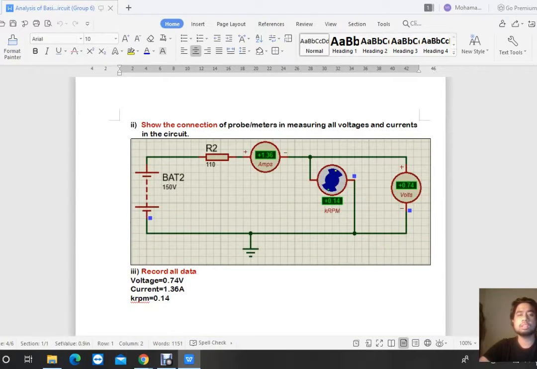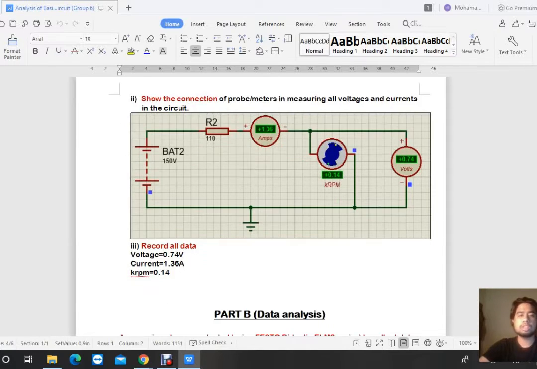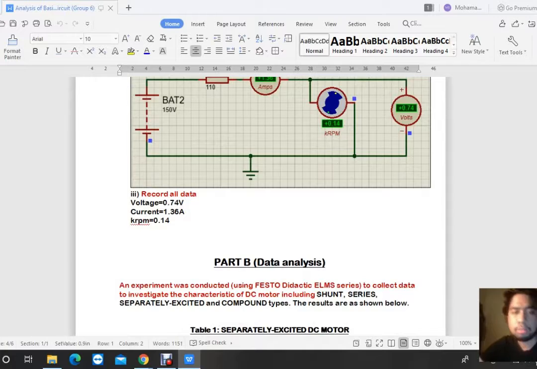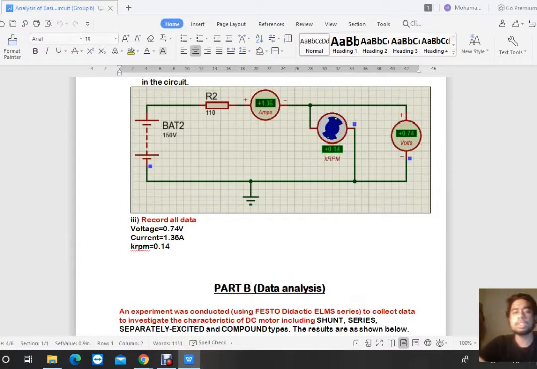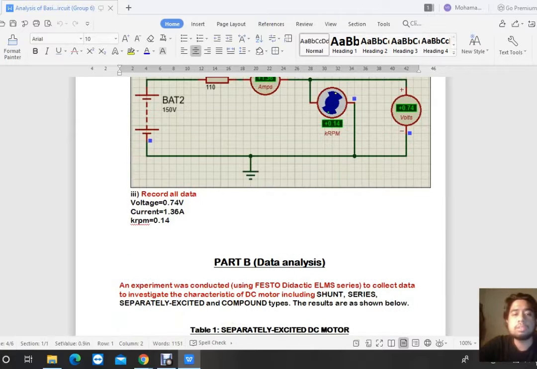For the second part, we need to show the connection of the probe measuring all the voltage and current in the circuit. So this is the data that I got. The voltage is 0.74 volt, the current is 1.36 ampere, and the kilo RPM is 0.14.